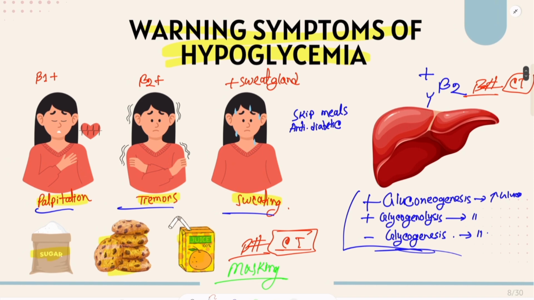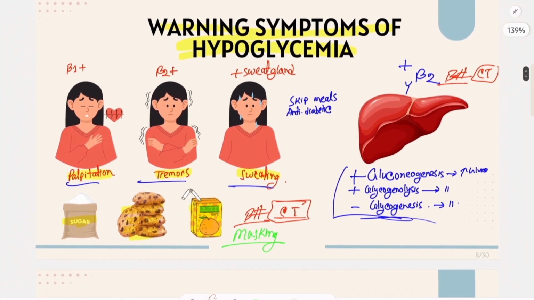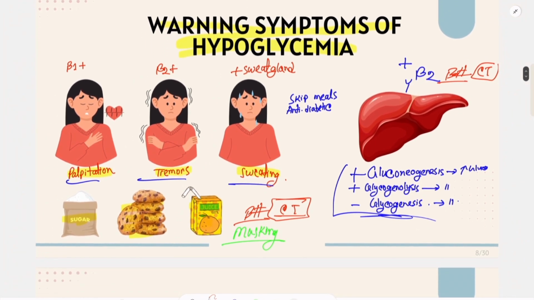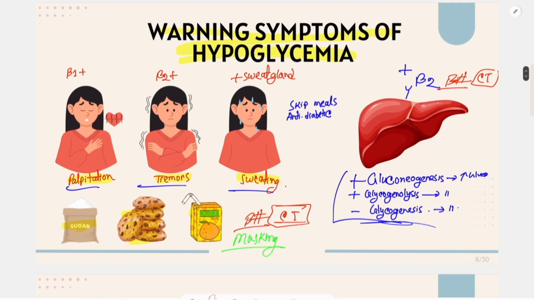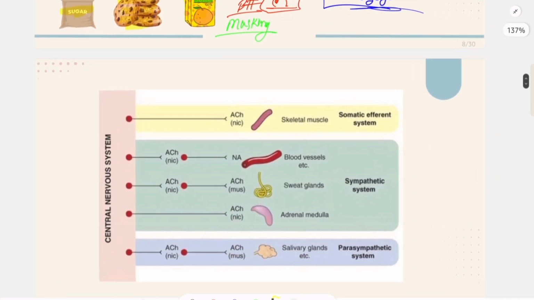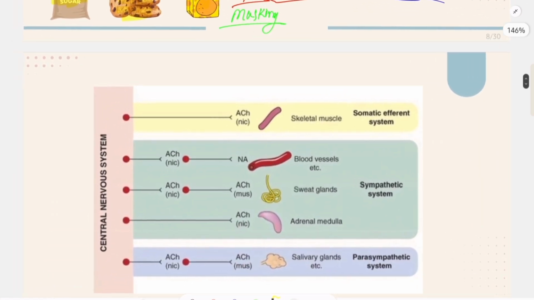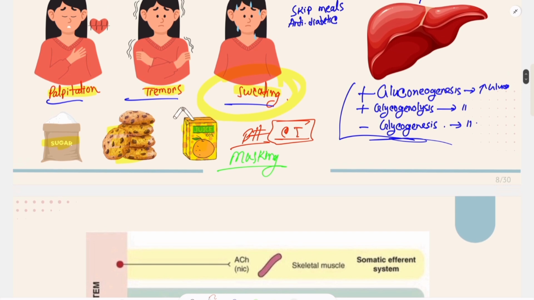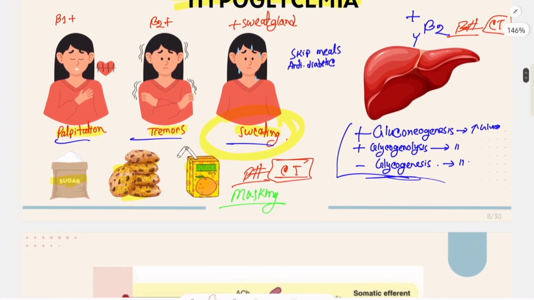Now, one very important question that you need to know: which symptom of hypoglycemia will be present even if a person is taking beta blockers? The answer is sweating. Remember, sweating is mediated by acetylcholine, meaning the M3 receptor, and we have blocked the beta receptor with the beta blocker.